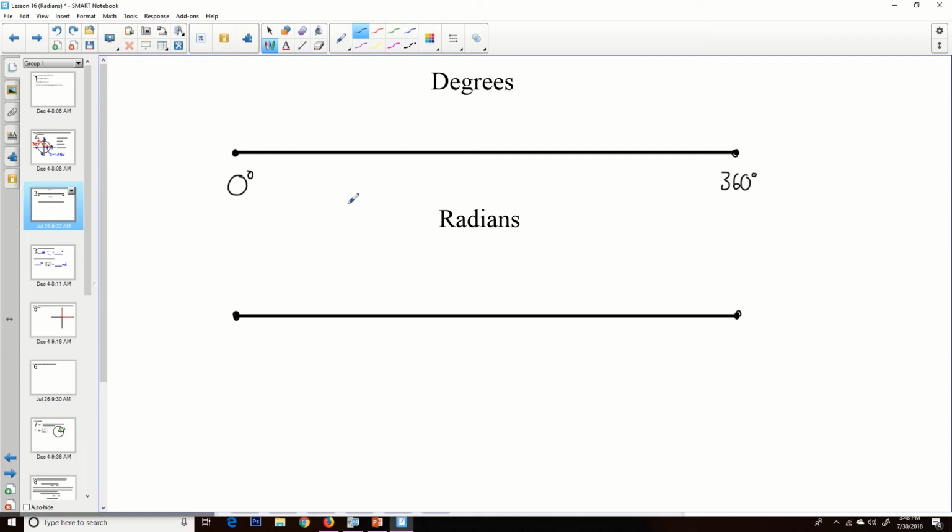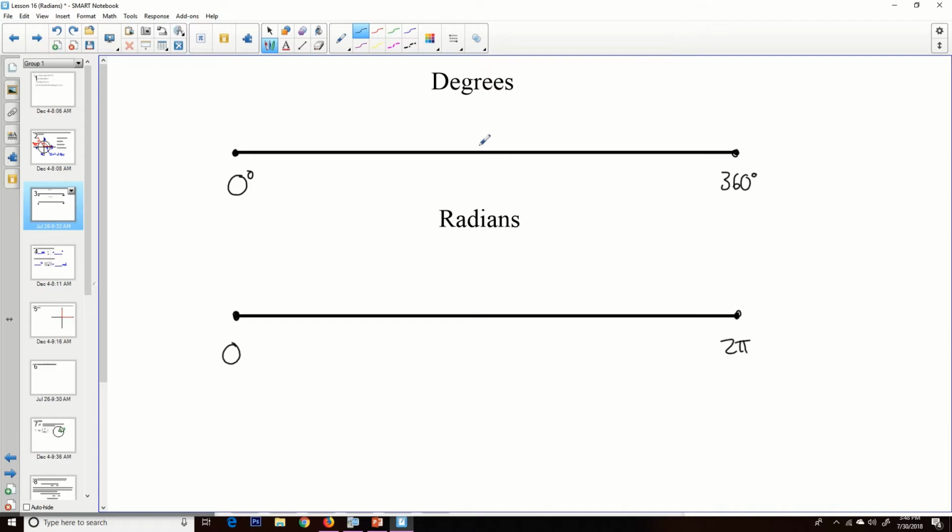Radians match up one-to-one with that, except we have a different top number. Instead of 360, it's 2 pi, and we're going to leave things in terms of pi. So 360 degrees is equal to 2 pi radians.